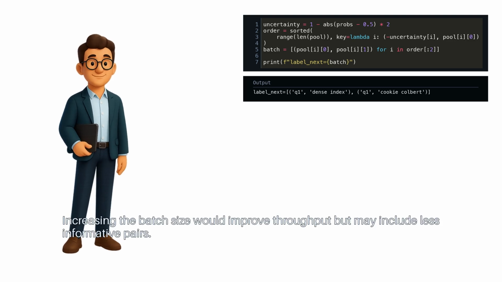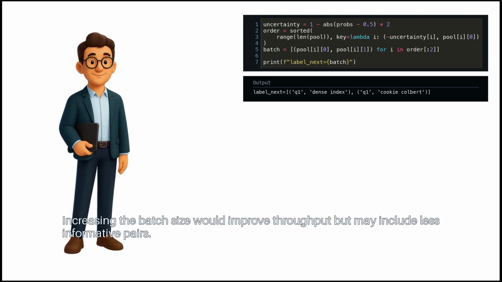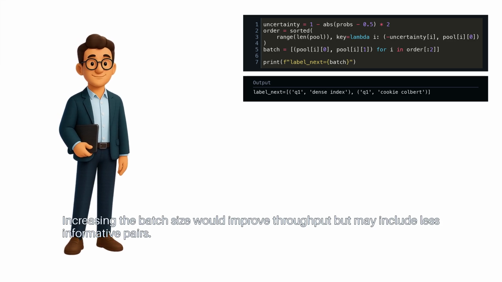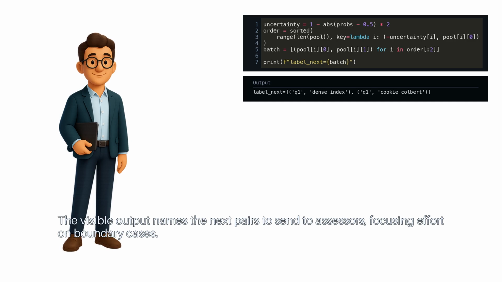Increasing the batch size would improve throughput, but may include less informative pairs. The visible output names the next pairs to send to assessors, focusing effort on boundary cases.